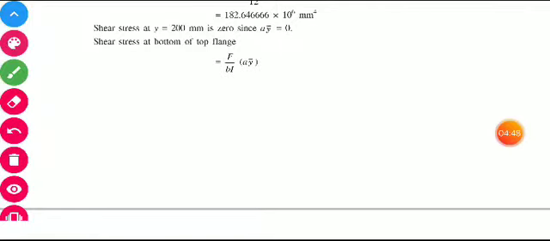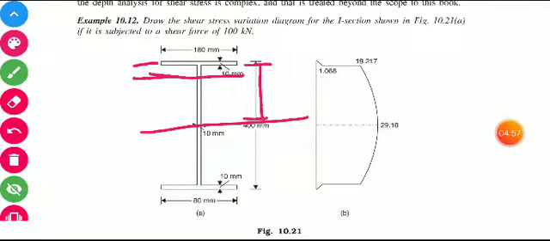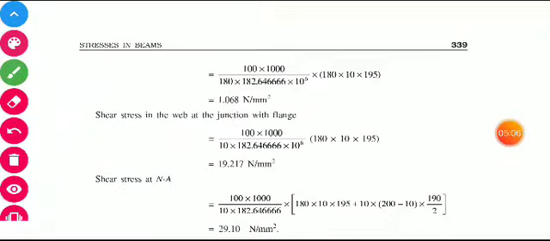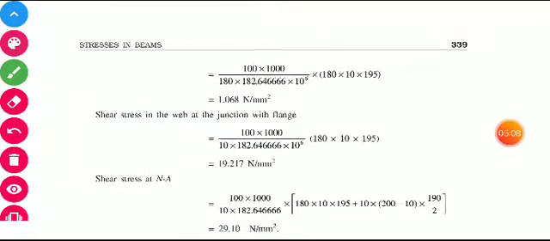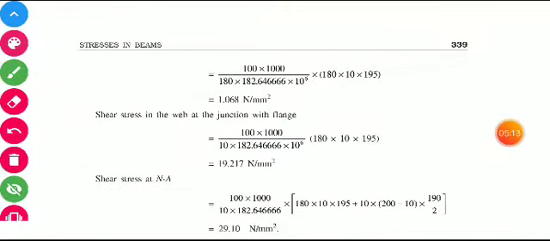The y will be from the CG to the bottom of this fiber, so this value will be equal to 195 from the CG. So we got the value of 195, and the shear stress is 1.068.